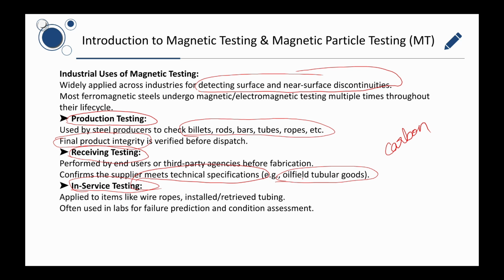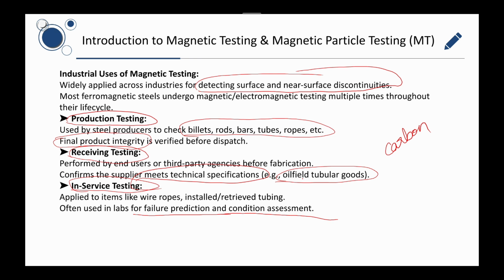It detects cracks, fatigue damage and wear before a failure occurs. It helps in failure prediction and maintenance planning. For example, offshore platforms use MT to inspect the wire ropes and lifting equipment regularly to avoid accidents.